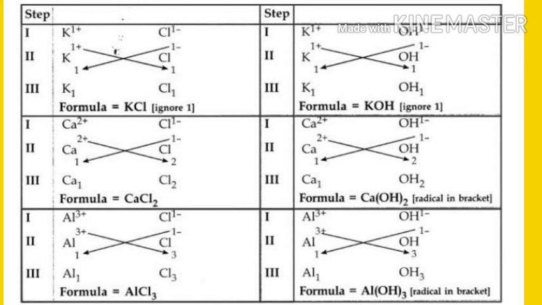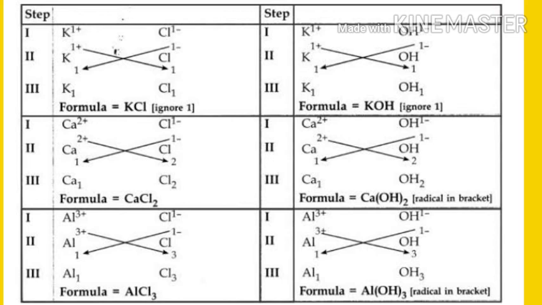So here one thing happens. For writing the molecular formula, the charge of calcium will go with the chlorine, and the charge of chlorine will go with the calcium, and thus the formula becomes CaCl2. Again, aluminum chloride is made between the aluminum ion and the chloride ion. The symbol of aluminum ion is Al thrice positive and the chloride is Cl negative.